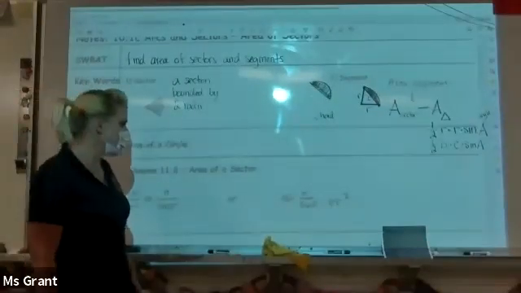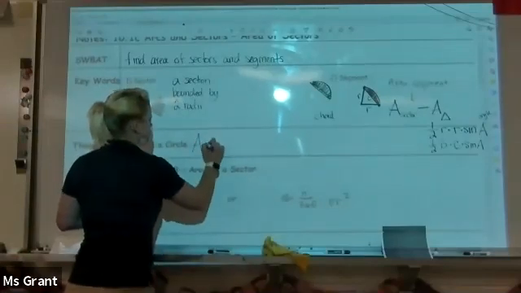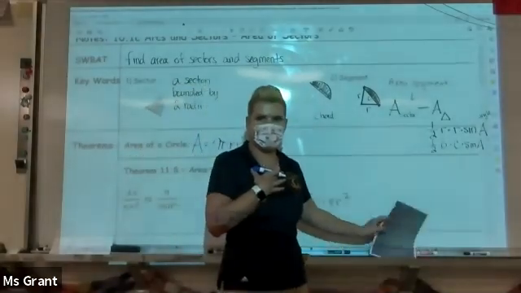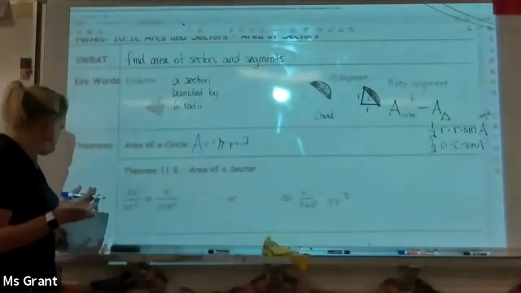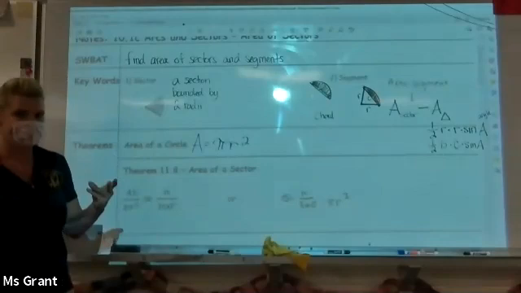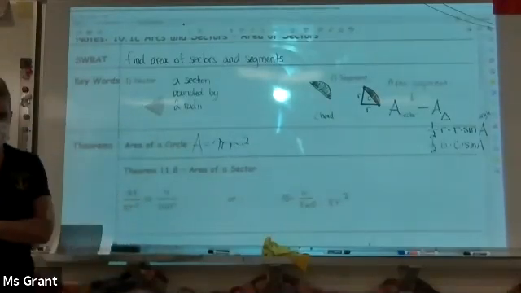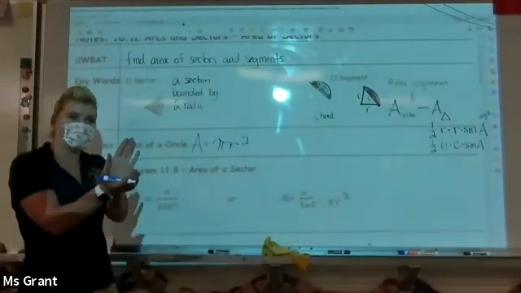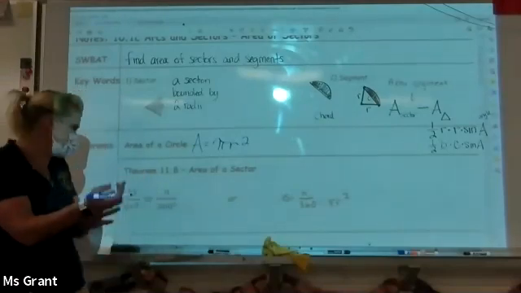Okay, we know that area of a circle is pi r squared, right? Well, I need to multiply pi r squared times whatever degrees this angle creates, like I have this pie shape. And I need to know how big that pie shape is.